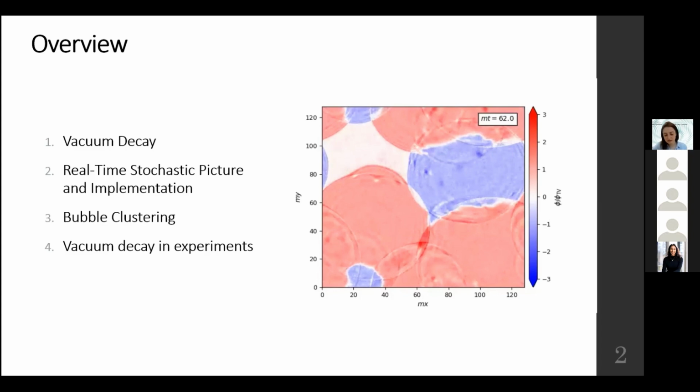I will then introduce a technique for how we simulate this phenomenon in real time. This is a new method, and it's very useful in practice. The main result that we obtained using this technique was to show that these bubbles did not actually form completely at random, but rather there is a correlation between them.